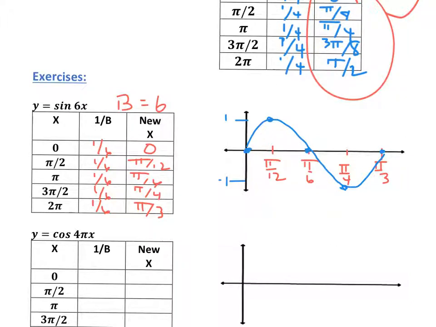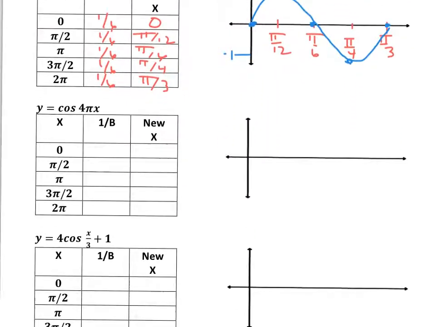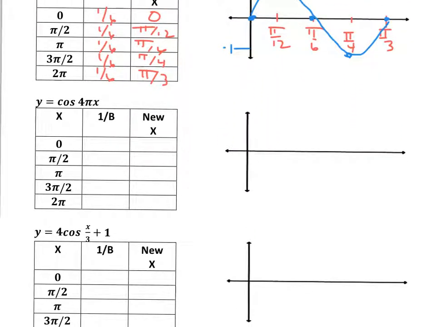All right, so then we get to an interesting case. This time, what is b equal to? 4 pi. All right. So, what is 2 pi divided by 4 pi? 1/2. So that means our period length is 1/2. So when we go to label our x-axis now, we're not even going to use pi anymore.